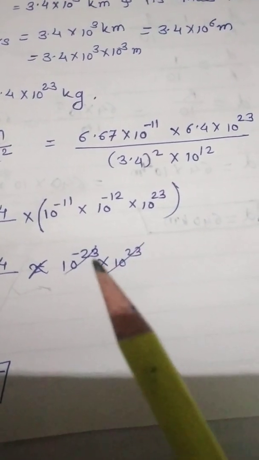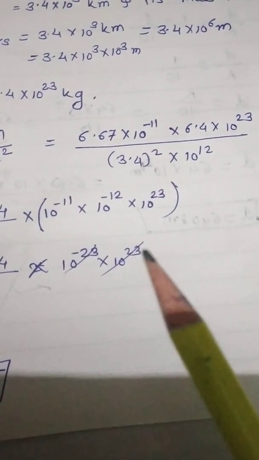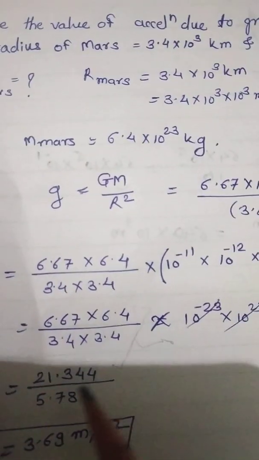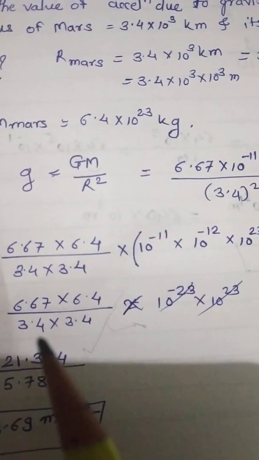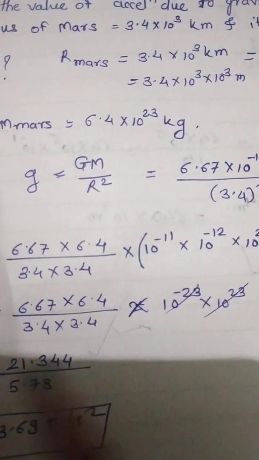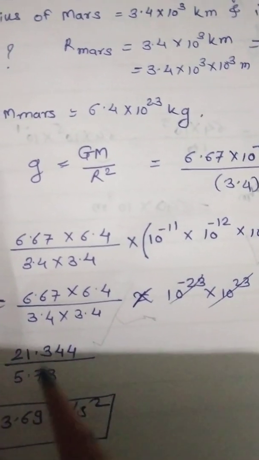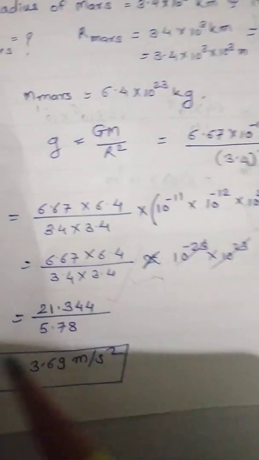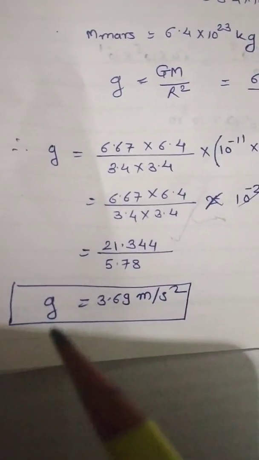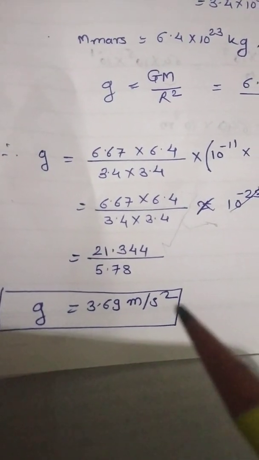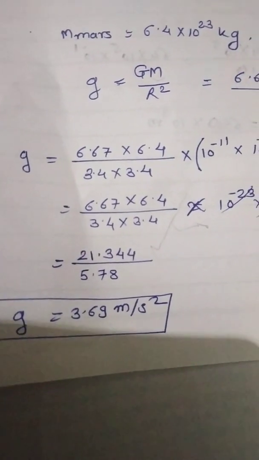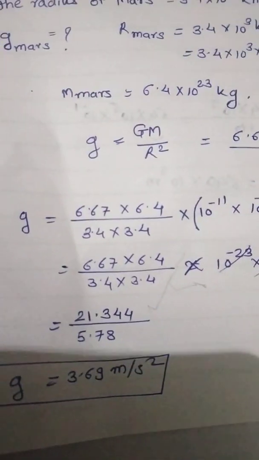So 10 raised to minus 23 into 10 raised to 23 cancel out. So we get here 6.67 into 6.4 upon 3.4 into 3.4, because here square. So solving mathematically or using log table, we get g is equal to 3.69 meter per second square. So here our chapter is closed.